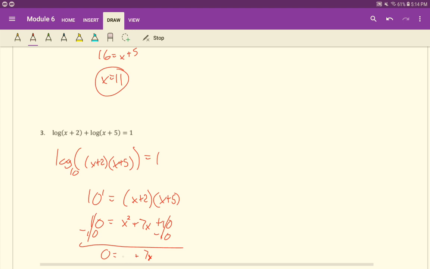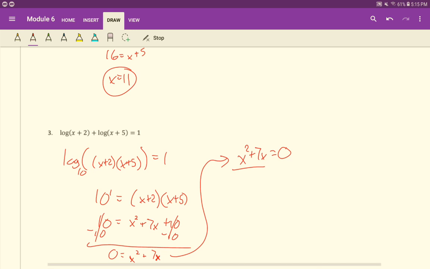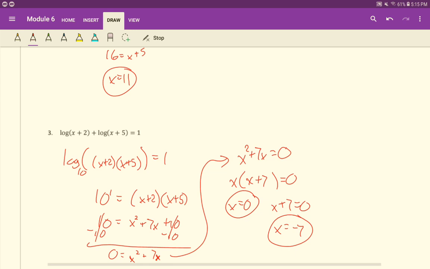Now remember, when solving a quadratic equation equal to 0, we're going to try and factor, and we should always check for a greatest common factor first before we try to factor the normal quadratic way. There is a GCF here. What is it? We can take out an x, and what will be left in the parentheses? x plus 7. Set each factor equal to 0, and we get our solution there, x equals 0, and x equals -7 is our other solution.